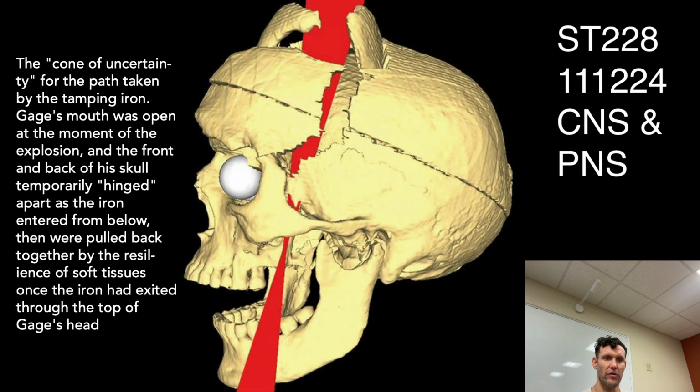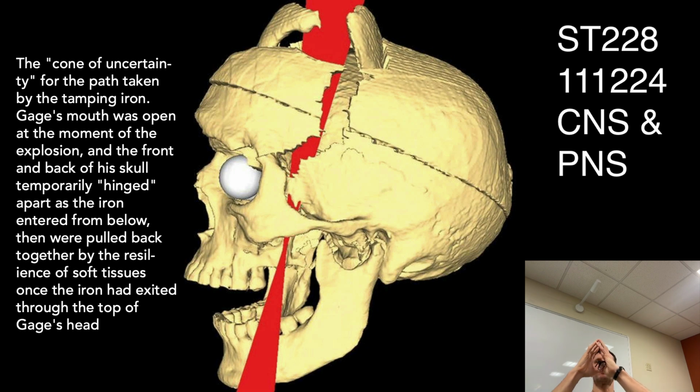And here, they've done reconstructions, analysis of what the explosion must have been for Phineas Gage. The thing that saved him is that his mouth was open when it was happening, and it put the bar at the right angle so that it was able to get up under there and not completely blow his head back.